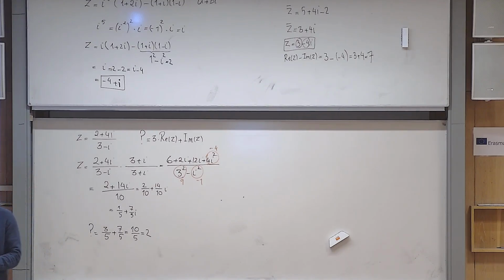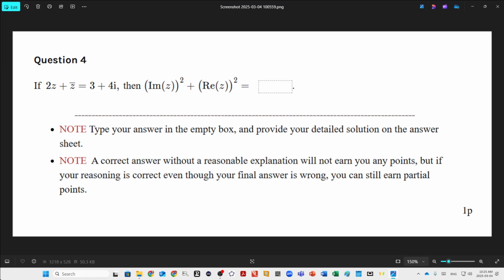Okay, so let us go to the next problem. If 2z plus z bar equals 3 plus 4i, then I want to calculate the imaginary part of z to the power of 2 plus the real part of z to power 2. These are C-level questions because here both z and z bar are involved, and we had many of these problems during the lesson, and they are also in the book.